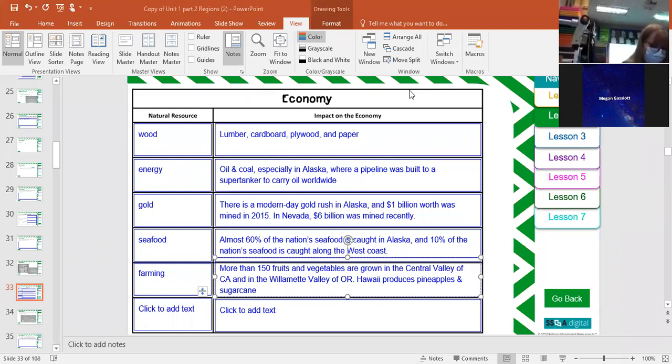Willamette. No, that's an M. Willamette. Oregon.